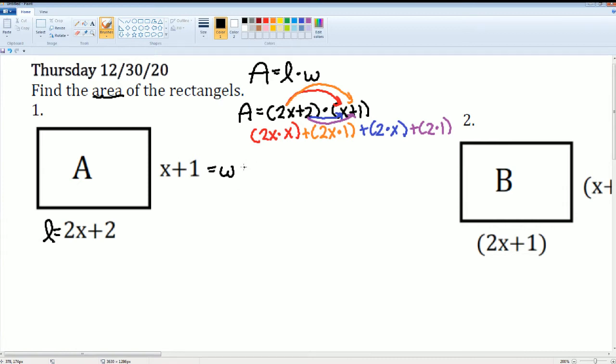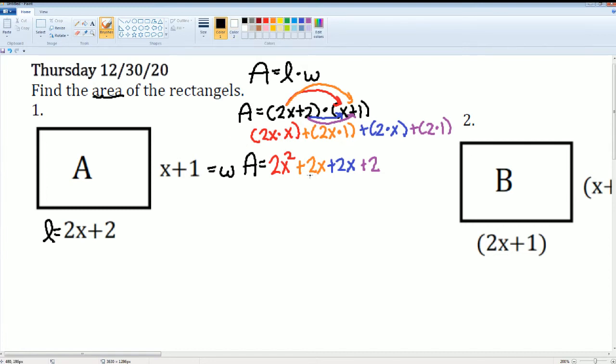Bring down the area. So the area is equal to, what is 2x times x? That should get you 2x squared. Okay, 2x times 1, that should just get you 2x. What is 2 times x? Okay, that just gets you 2x. And what is 2 times 1? That should just get you a 2.